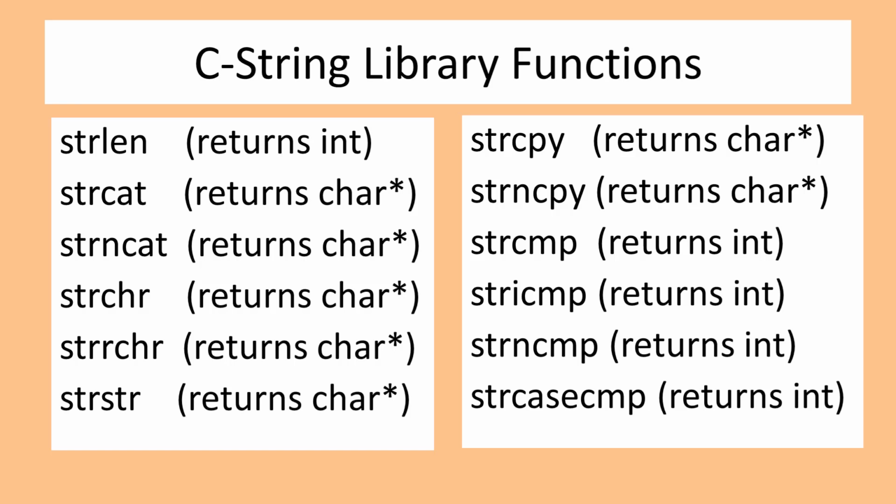There's strcmp, I'll cover those more. And then there's strcasecmp. Well, it seems like everybody else in the world uses strcmp or stricmp, where the I stands for ignore case. But Microsoft decided they wanted their own version, so they have strcasecmp, where everybody else uses stricmp. Well, they can do that because they're Microsoft.